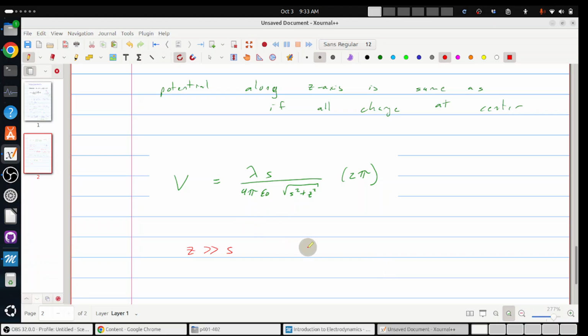Well, in that case, my S squared plus Z squared is basically Z squared.